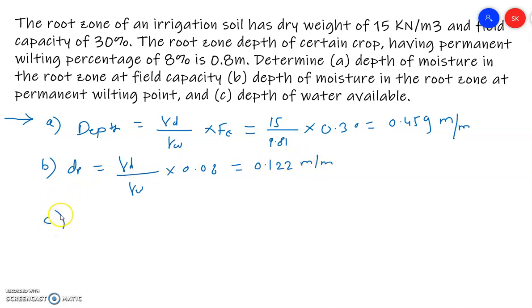Then the next one is the depth of the water available. How can we find out the depth of the water available? If you remember the previous picture, the depth of the water available means from field capacity down to the wilting point. So in the same way, the depth of the water available is equal to gamma d divided by gamma w, multiplied by the root zone depth, that is 0.8 meter, which is given, multiplied by field capacity minus wilting point.